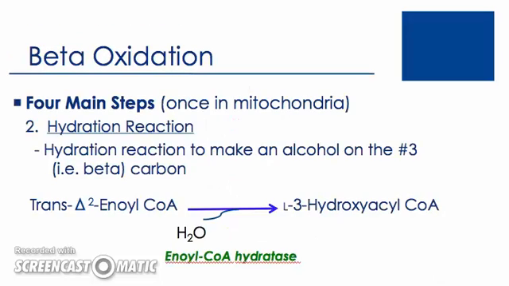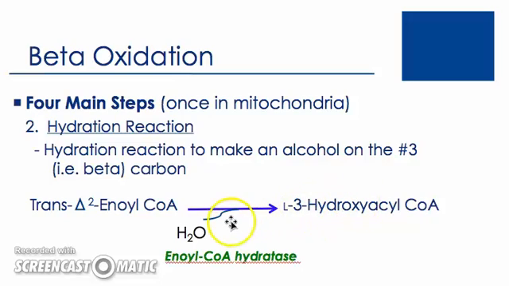The second step of beta oxidation is a hydration reaction. This involves the integration of a water molecule. In this hydration reaction, we break the double bond, forming an alcohol at the 3rd carbon. The product formed is L-3-hydroxyacyl-CoA.